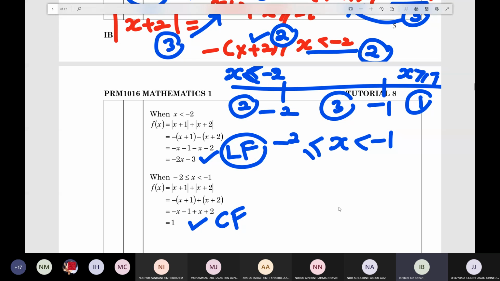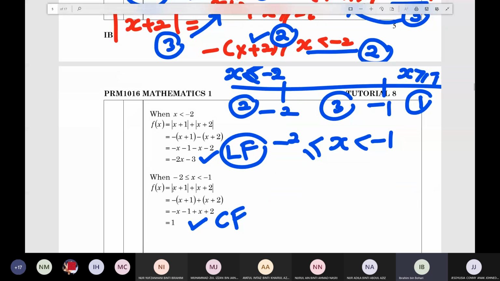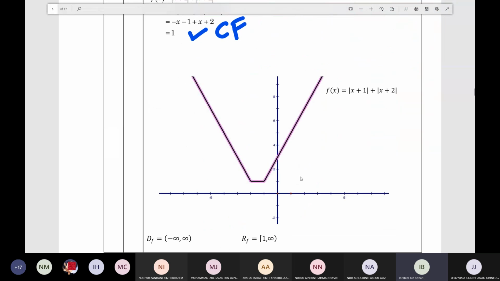Yeah. So you combine all the three function here, 2x plus 3, negative 2x minus 3, and fx here equals to the 1. Nanti you all combine, dia akan jadi lain. Dia tak akan dapat V-shape. Dia akan dapat lain sikit. Yeah? And from the left here you labels x here equals to the -2.